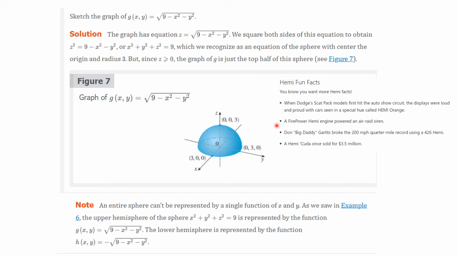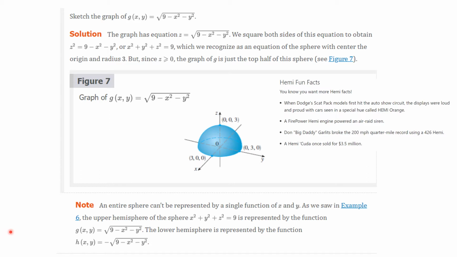There are many historical facts. A Hemi Dodge Barracuda once sold for $3.5 million, and in a quarter mile using a 426 cubic inch Hemi, a guy exceeded 200 miles per hour. So that's a little bit of history, and that is a hemisphere.